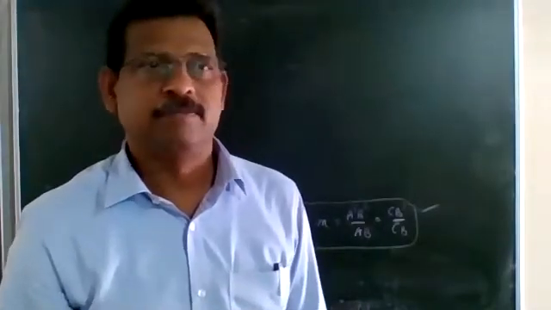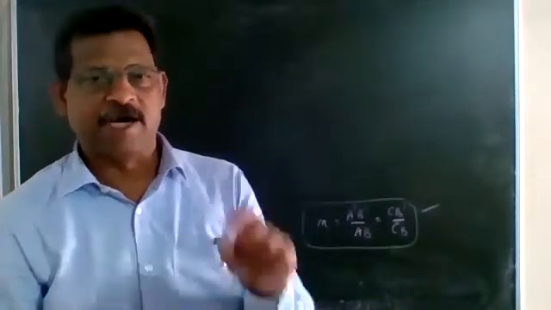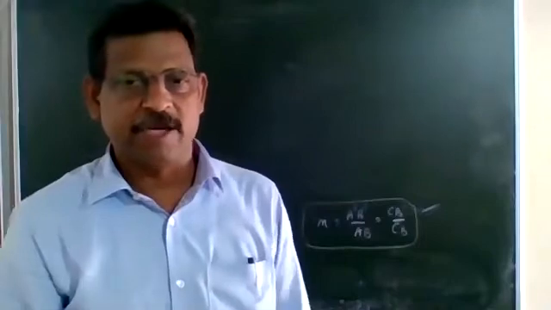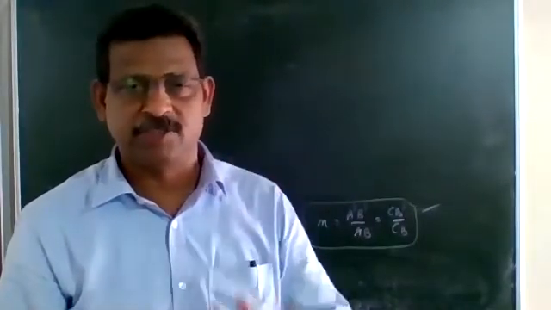Magnification m is equal to A dash B dash, the height of the image, divided by the height of the object AB, equal to C B dash, the distance of the image, upon the distance of the object.